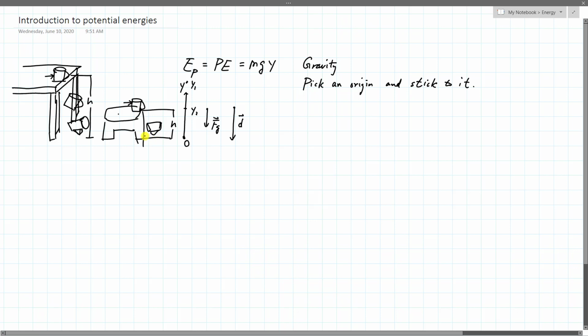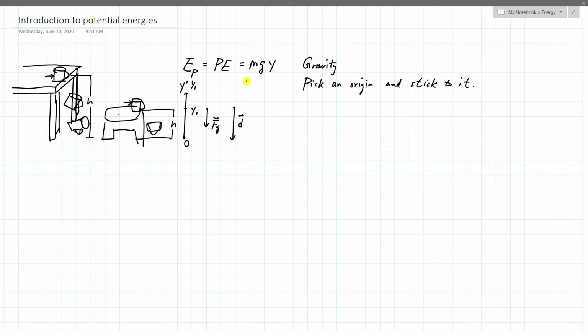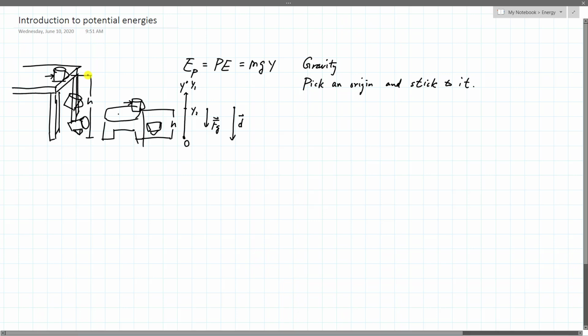And also, you probably haven't noticed, because the choice of origin is arbitrary, the potential energy value itself is not very meaningful. What is meaningful is the distance fallen, right? If you fall from the tabletop to the ground, regardless of where your origin is, you have fallen a height of h.